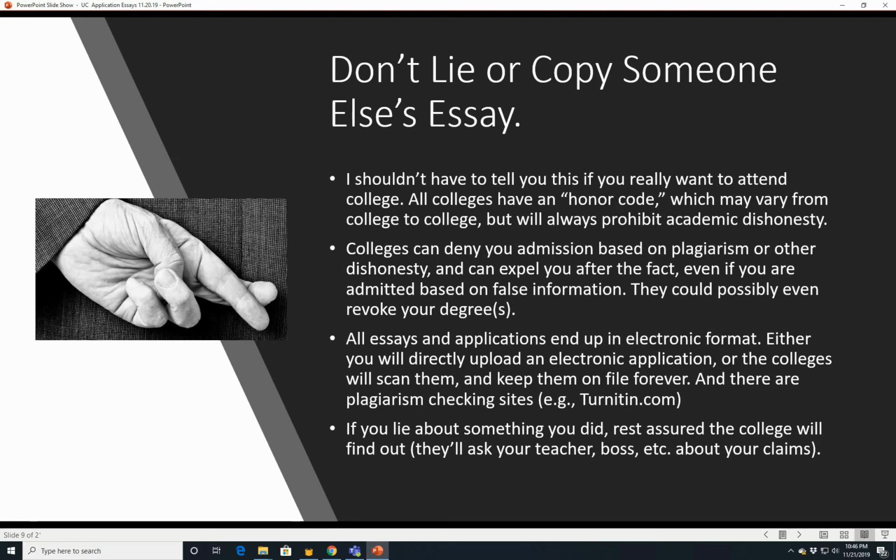So all essays and applications do end up in electronic format. Most of you are going to be submitting your applications electronically, and those who don't, well, then you know those paper applications will be scanned and uploaded to some server where they will exist forever. Again, Murphy's Law rules the internet.